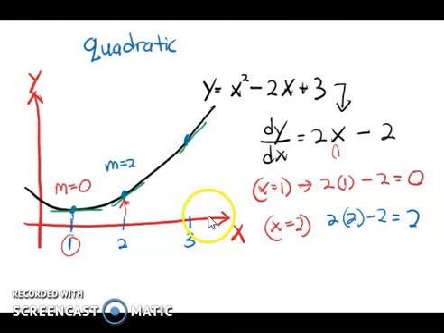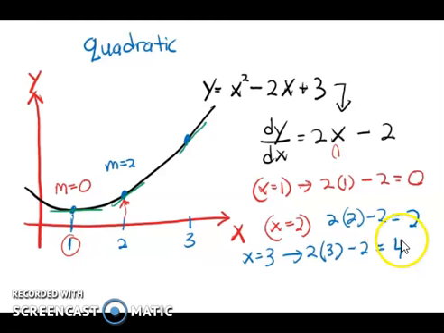Okay, now we look at x equals 3. We substitute 3 over here. So 2 multiplied by 3 minus 2, and here will be 6 minus 2, and here will be 4. So as you look at it, the gradient at x equals 3 is m equals 4.